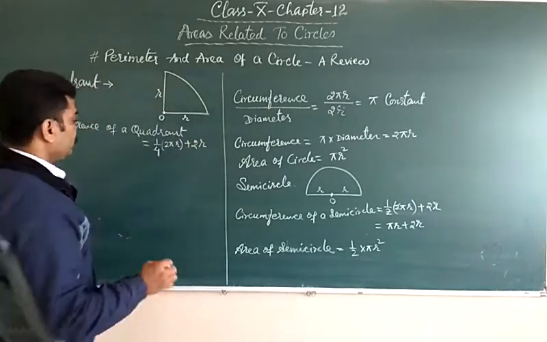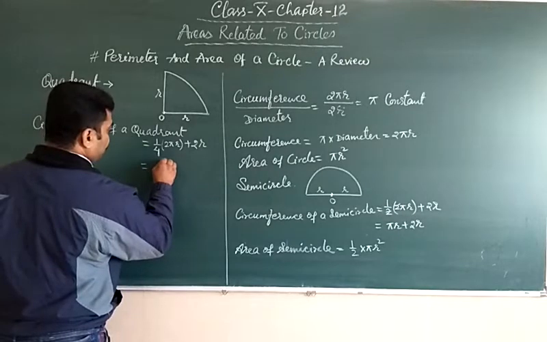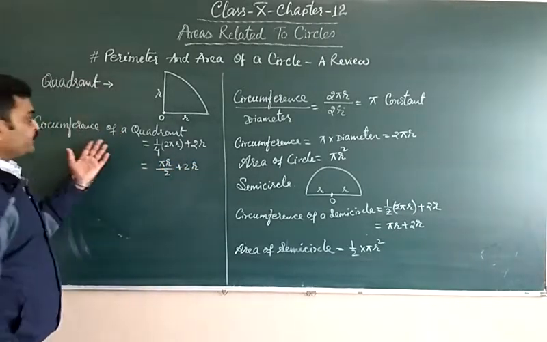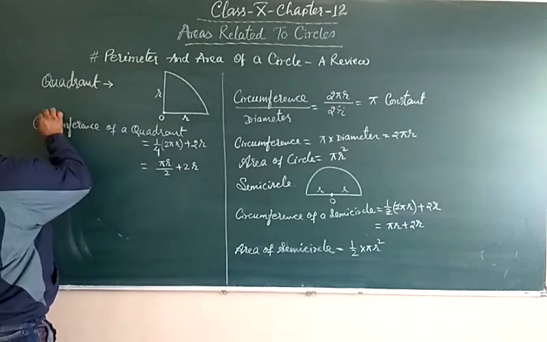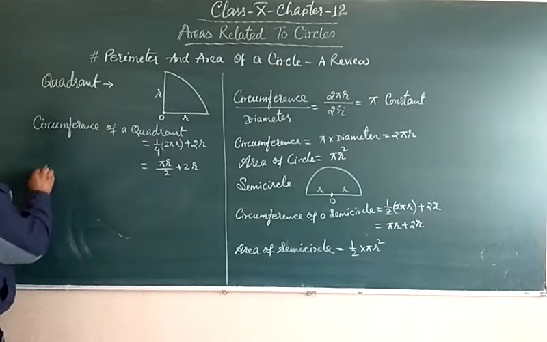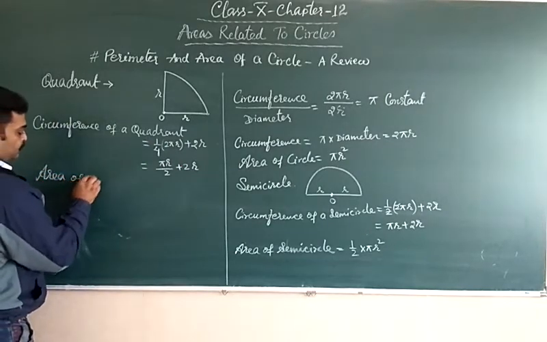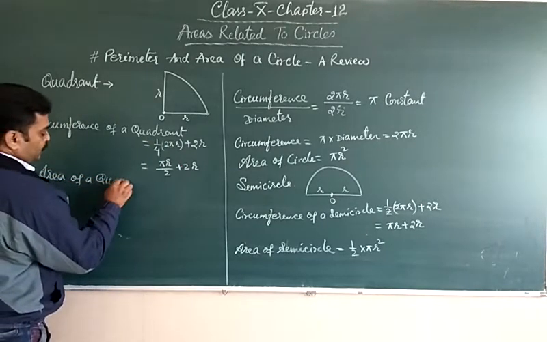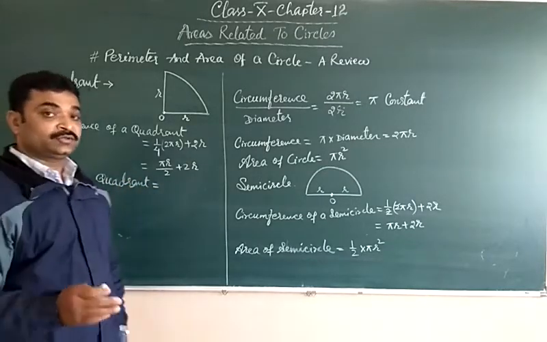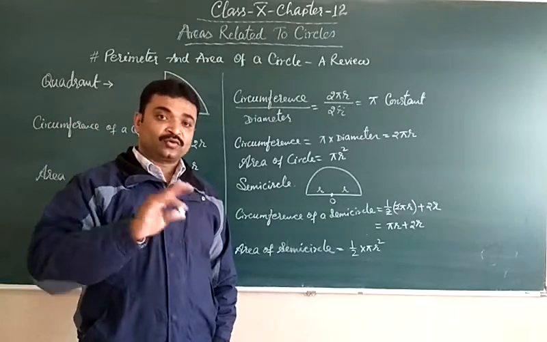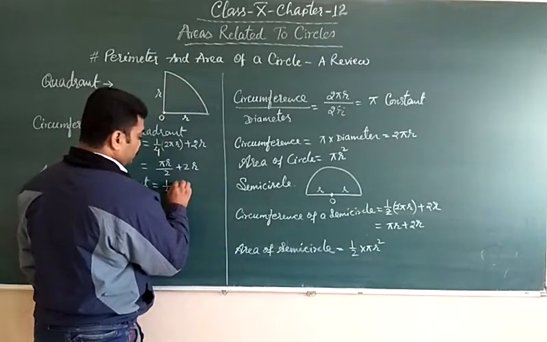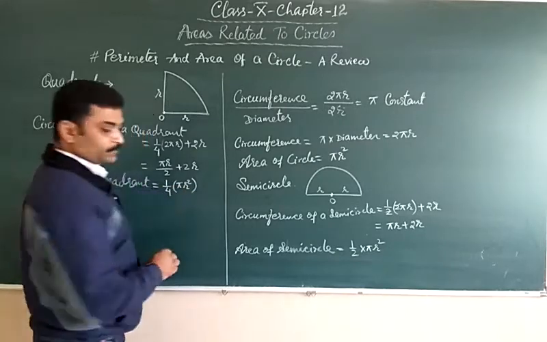That means pi r by 2 plus 2r is the circumference of a quadrant. Similarly, the area of a quadrant means 1/4 area of the total circle, so 1/4 of pi r square.